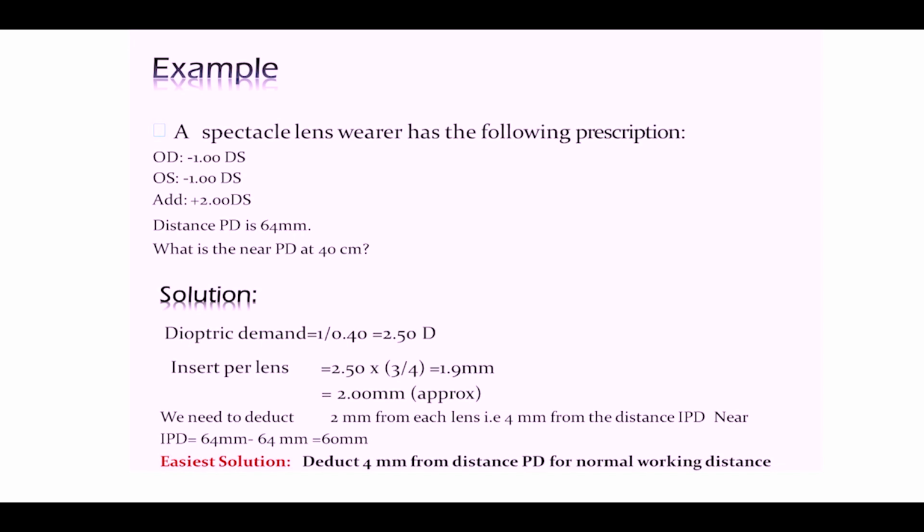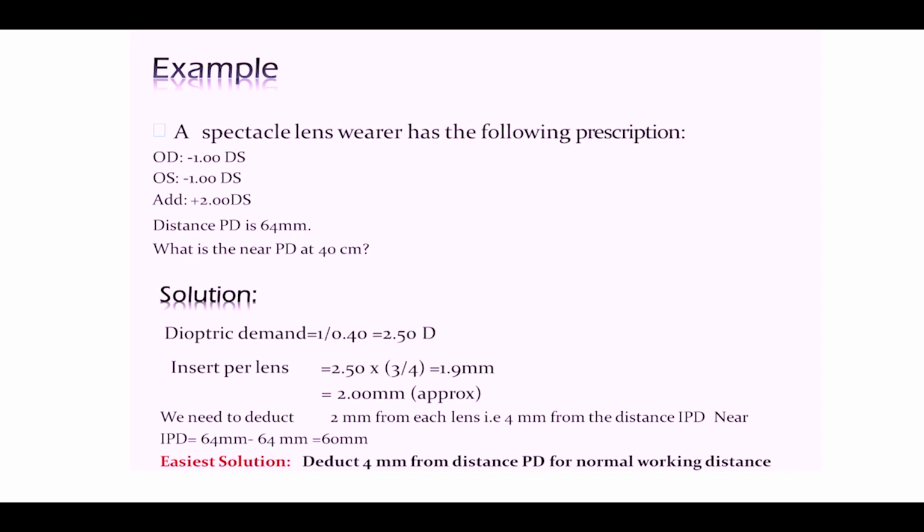That is the question. For near PD, there is an average working distance which we call 40 centimeters. Remember this working distance. Average working distance is 40 centimeters. Dioptric demand means very simple, 1 divided by the working distance.